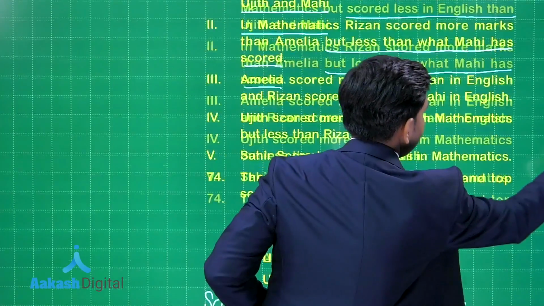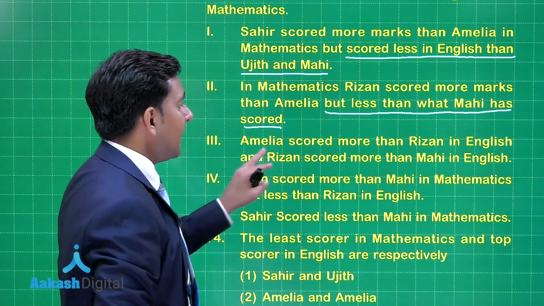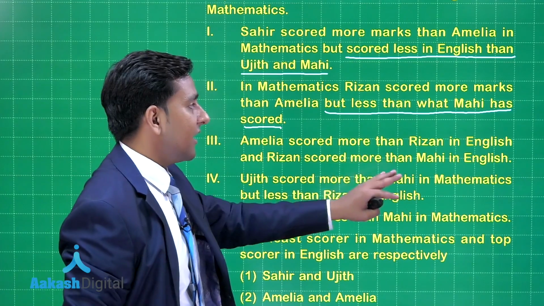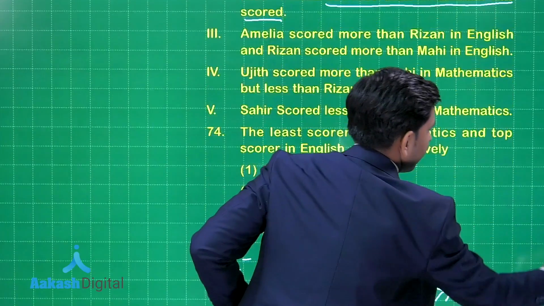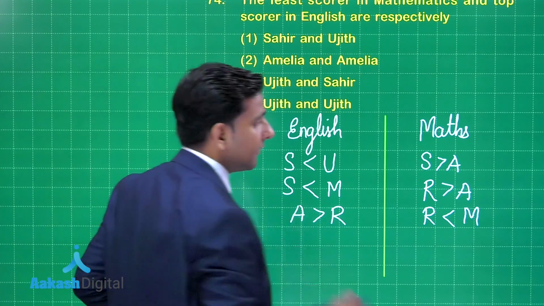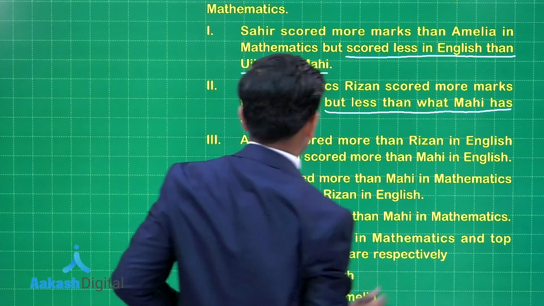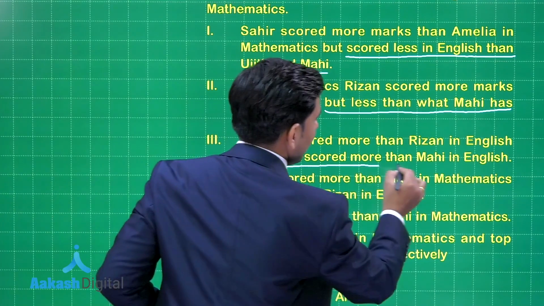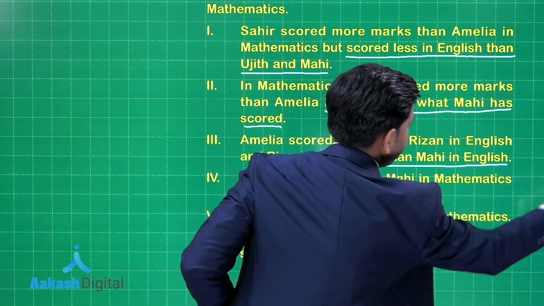Now proceed to statement number 3. Amelia scored more than Rizan in English. Clear? Now Rizan scored more than Mahi in English.